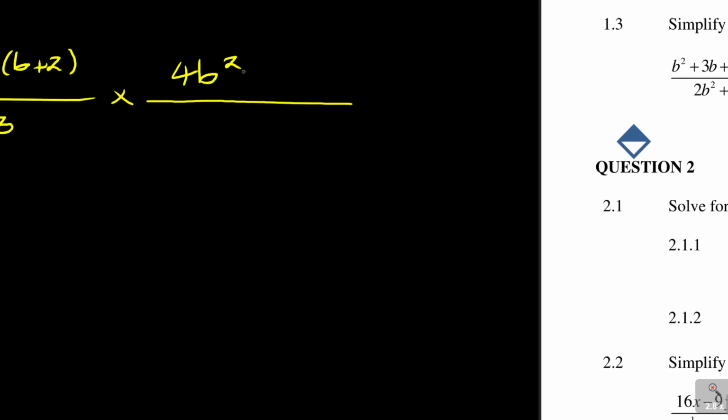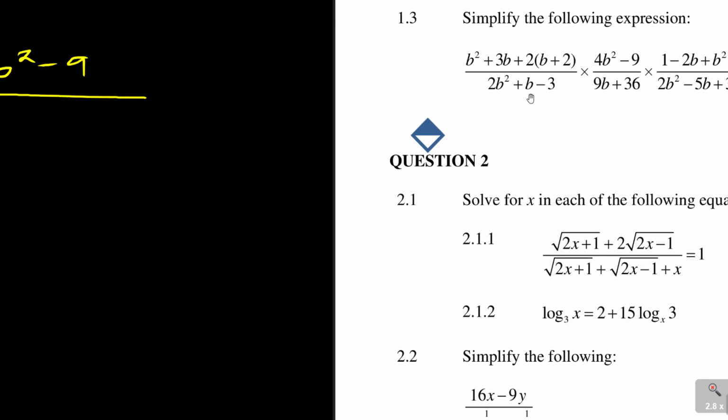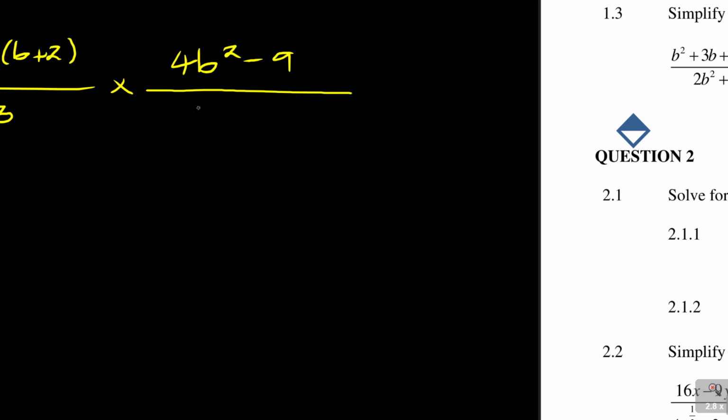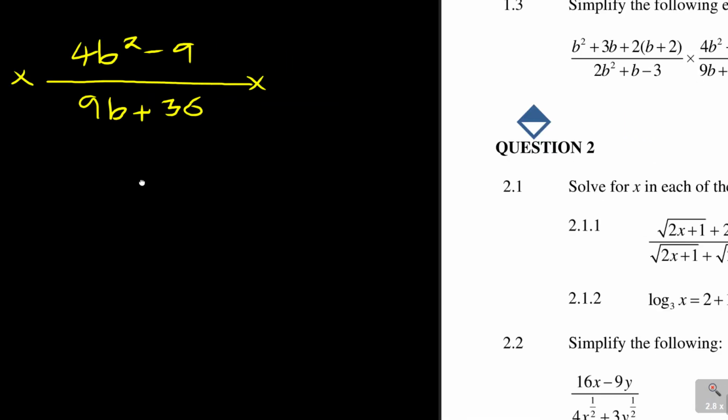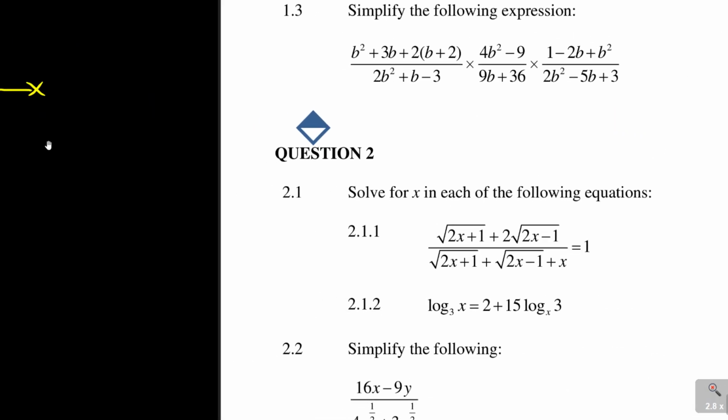4b squared minus 9. Some of the things you can recognize already. 9b plus 36. They were checking your factorization skills. Are we multiplying or dividing? It's multiplication, which is 1 minus 2b plus b squared, over 5b plus 3.